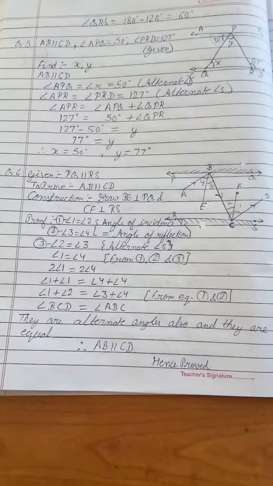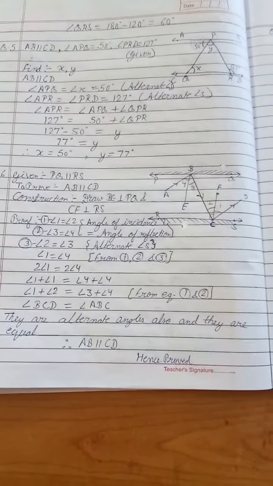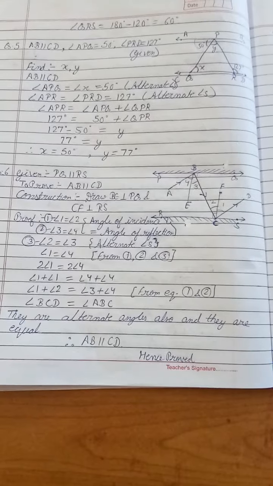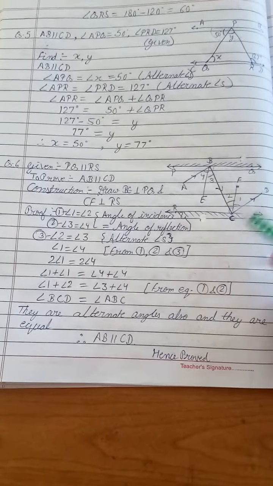Now in question 6, it is given that PQ and RS are two mirrors placed parallel to each other.